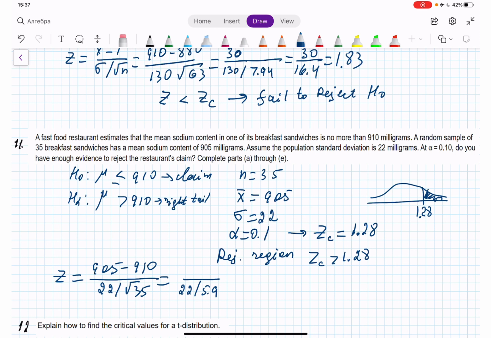We have 905 minus 910, which is negative 5. We divide 22 by 5.9, that's going to be 3.73.